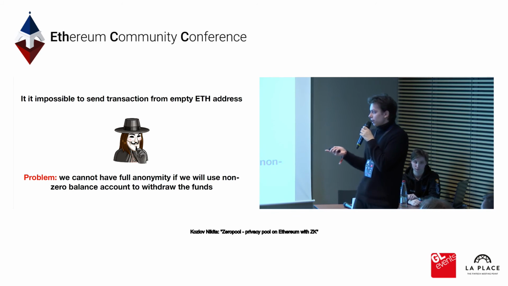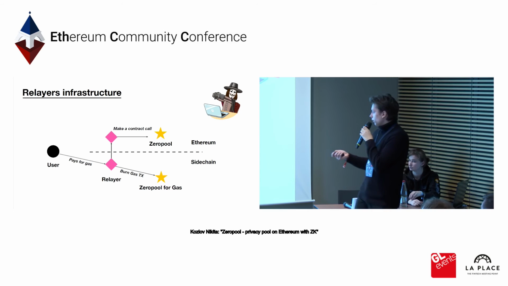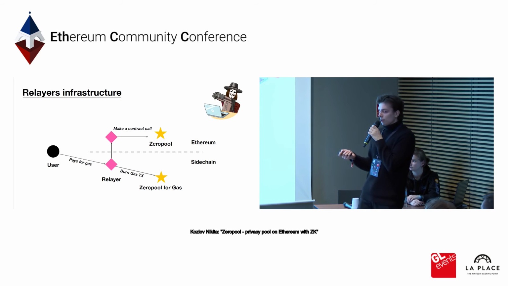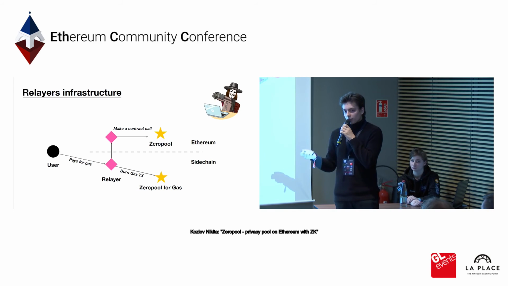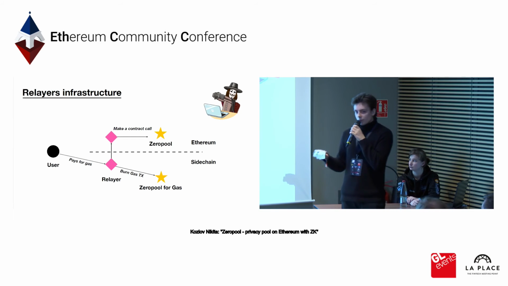So basically, we have a small solution. Currently, we use a sidechain for simplicity, and later we will have everything on the main chain, only on Ethereum. Basically, it works like this. You firstly need to pay for gas, and to be sure that nobody will track your transactions on the main chain, we use the relayer on multiple chains. We actually have multiple versions of Zeropool.